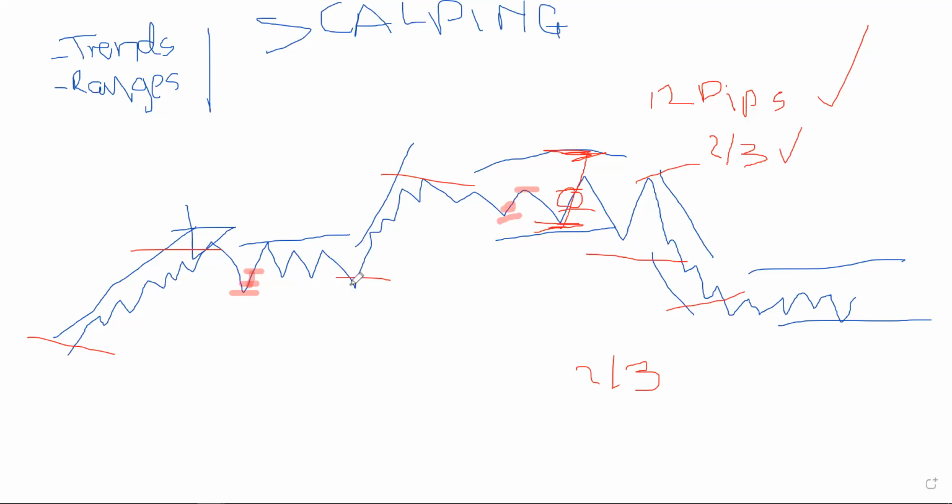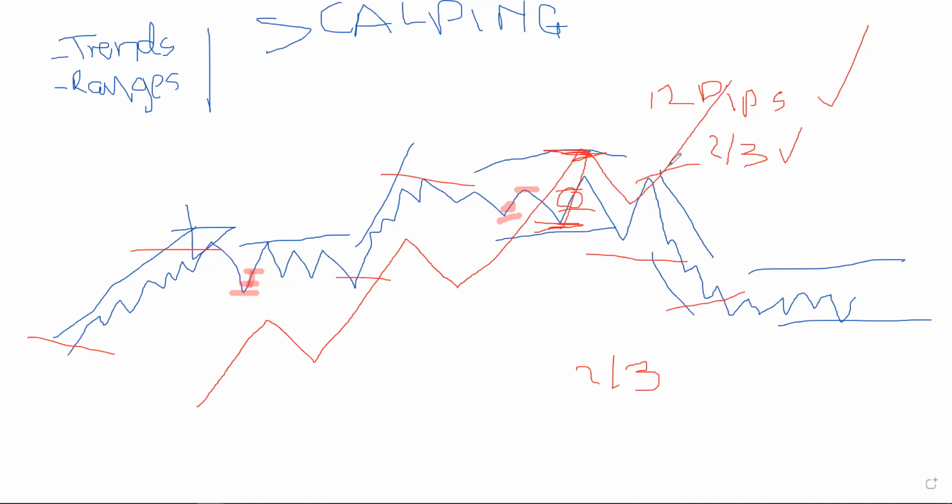If the market is actually trending, that's a different story. For a trend, the market is going up and then going down a little bit, and then up, and then going down a little bit, and then up, and then down a little bit.